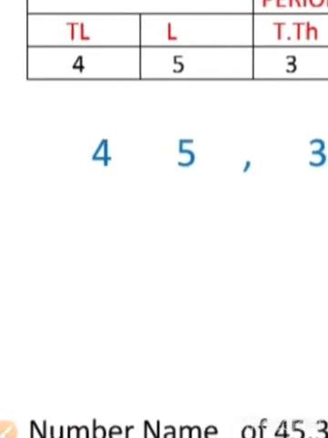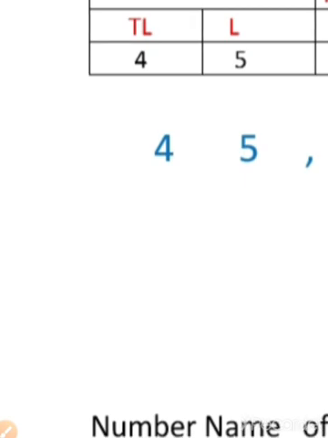Now we move to lakhs period. Students, you can see there are two digits 4 and 5. How do you read them together? We read them as 45. So we have to write 45 in words, and after that we have to write the name of the period.